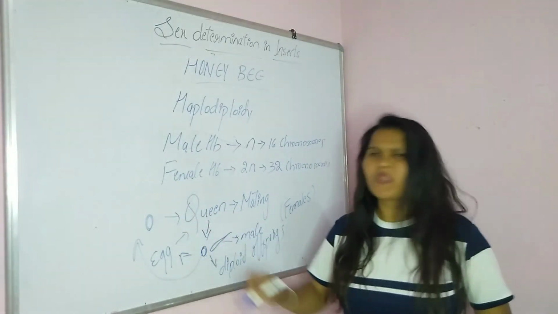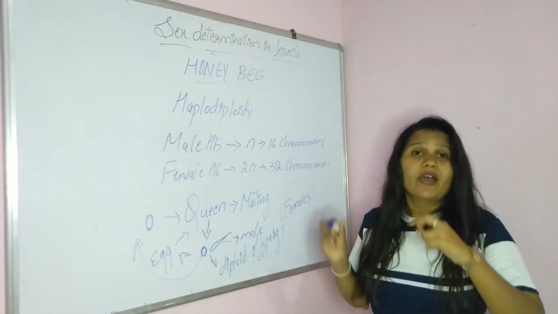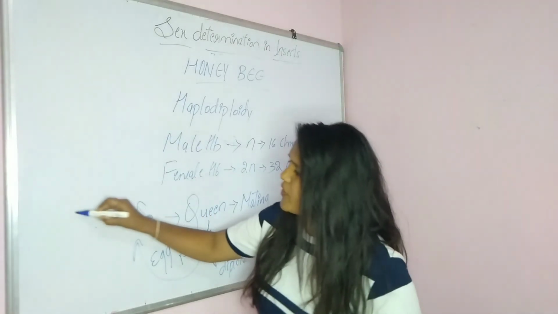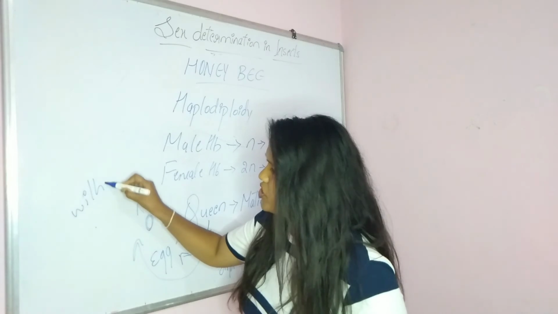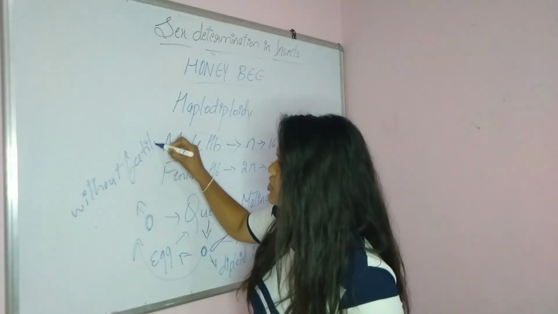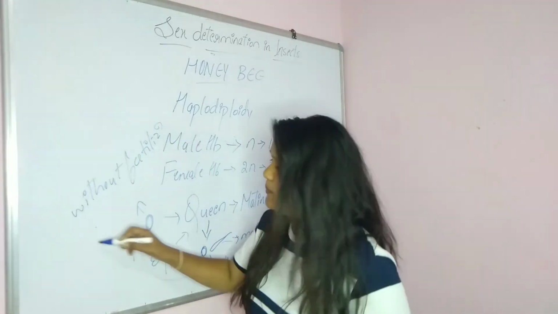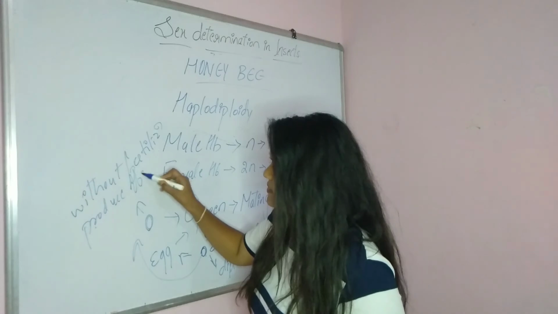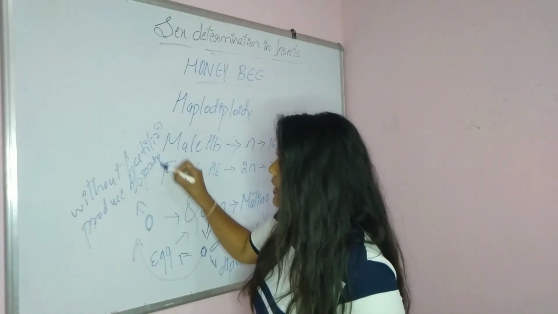Okay. And coming to the another case where suppose this egg, okay, think this is the egg of this queen. If this egg will not get fertilized, in the sense this egg without fertilization, this will produce offsprings, okay.